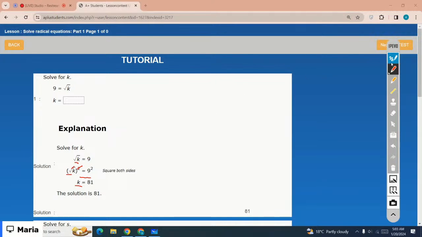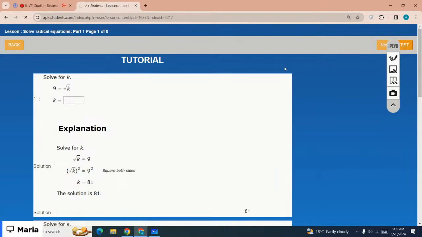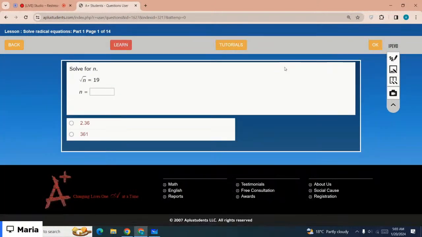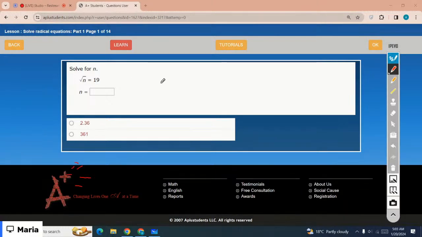Let's start with the test questions. Square root n equals 19. You have to calculate the value of n, right? But you have a square root. You can remove the square root by squaring both sides, right?